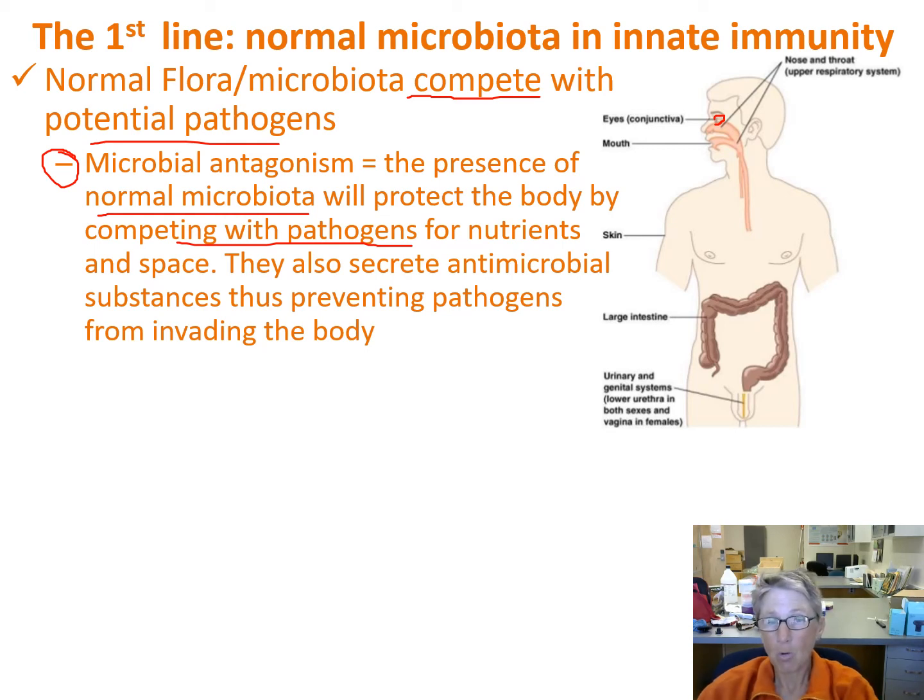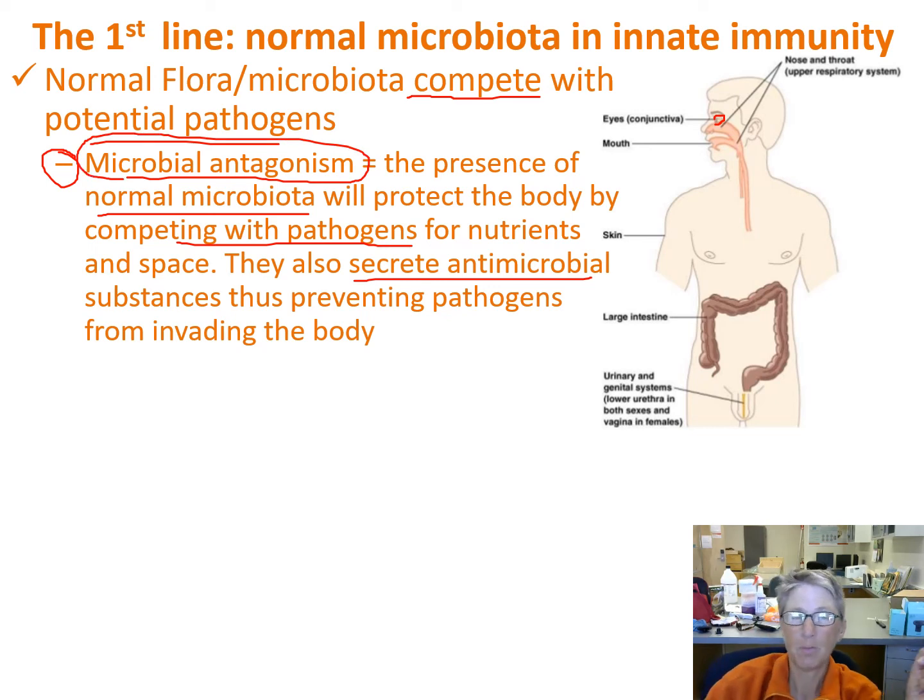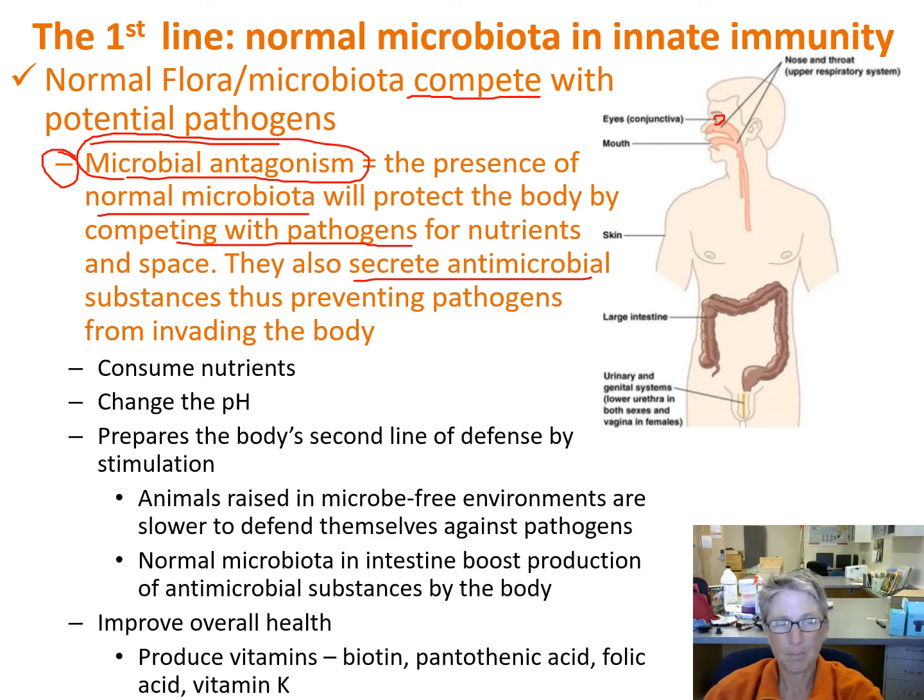These normal or resident microbiota also secrete antimicrobial substances that scare off the pathogenic microbes. So this is kind of cool. This is called microbial antagonism. So our good microbes, which are our resident or normal microbes, are antagonizing potential pathogenic microbes.